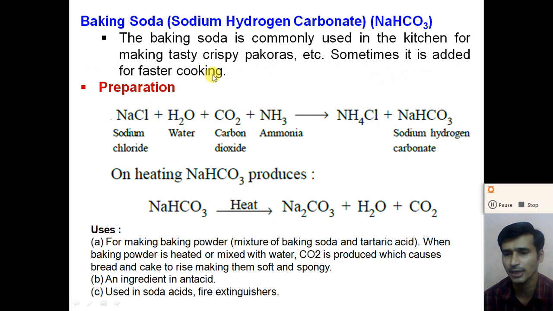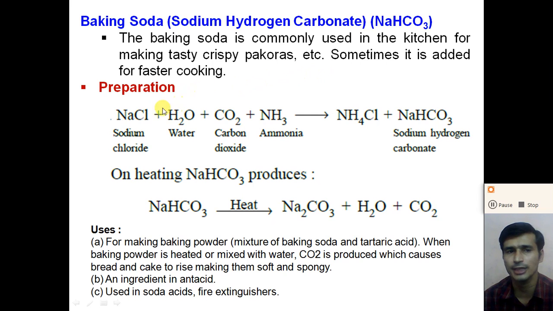This is the baking soda, ખાવાનો સોડા, which we use in our kitchen for tasty and crispy pakoras and for faster cooking. The chemical name of baking soda is sodium hydrogen carbonate, and its chemical formula is NaHCO3.